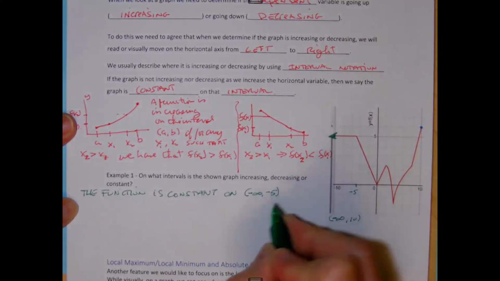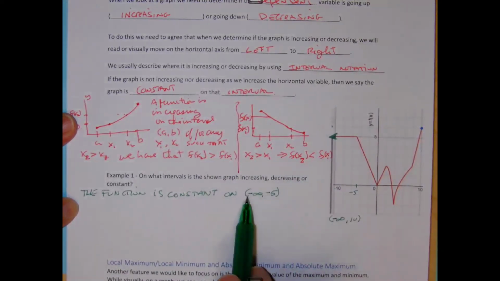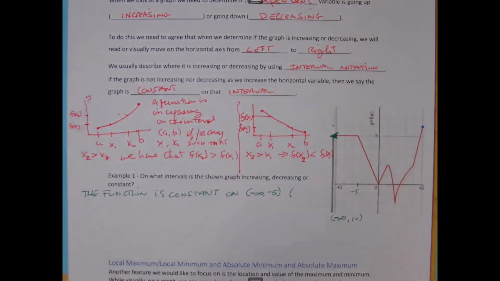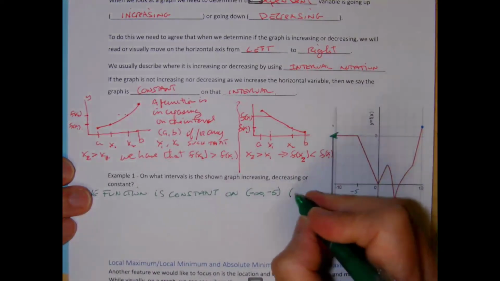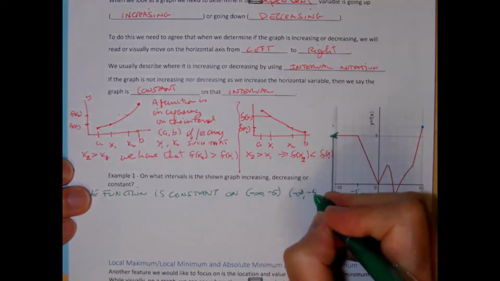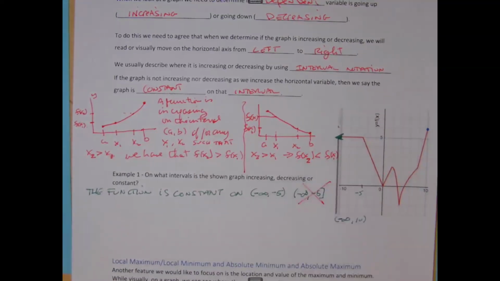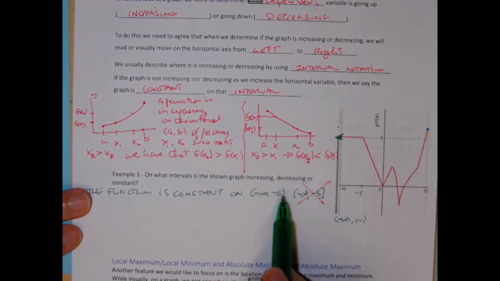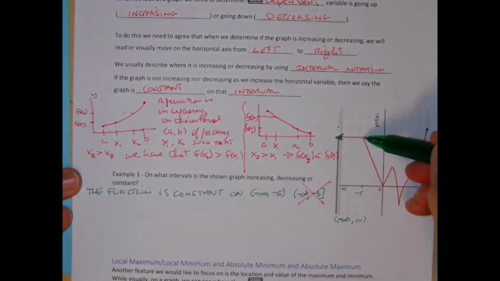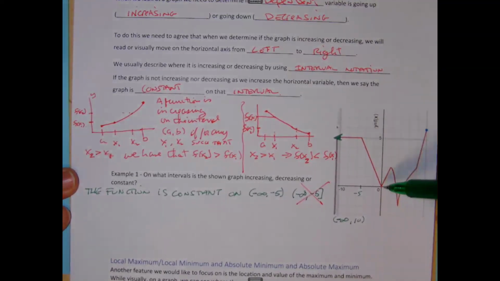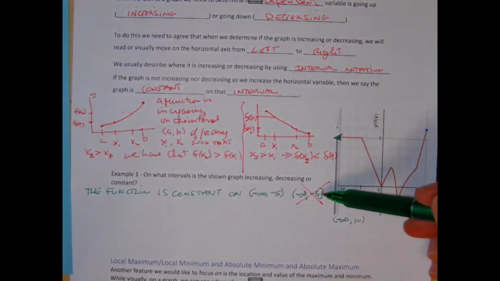And notice I must use open parentheses, meaning I cannot use a bracket. If I were to write something like this, that is no good. I've got to use an open parenthesis. I cannot include the -5. And the reason, you can see, is because I'm going to need the -5 to describe decreasing in a minute. If I include the -5, then where does the -5 belong to?